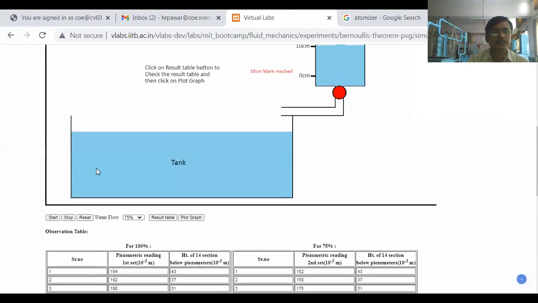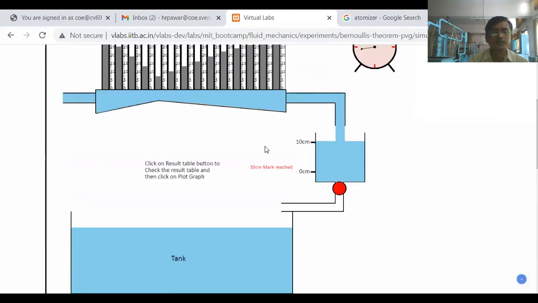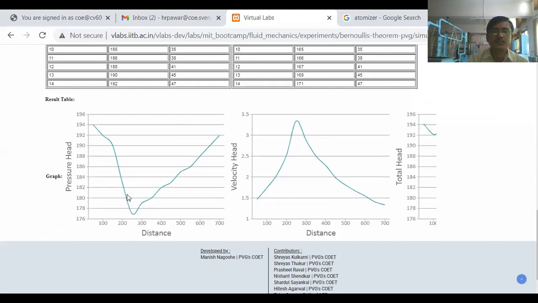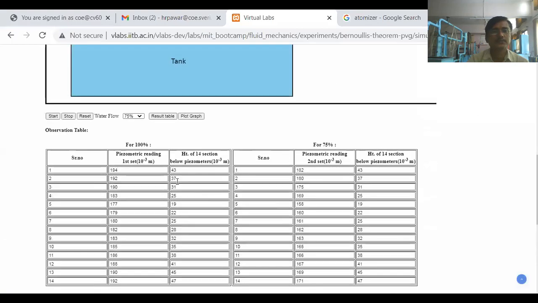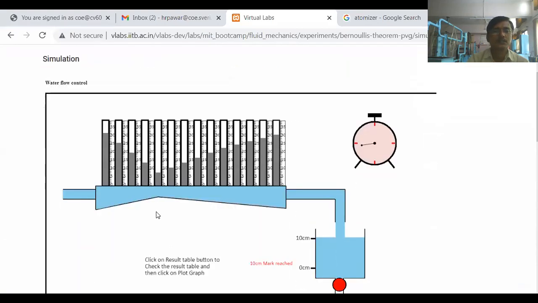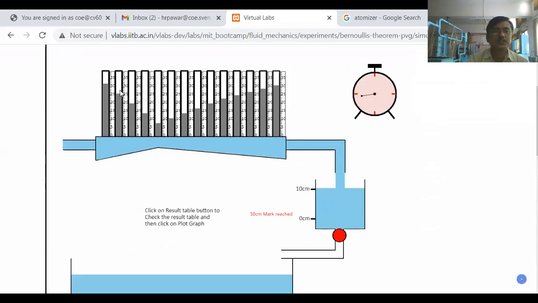Means from the start point to the end point, what is the total distance? You can observe here the pressure head has gone decreasing, and again it has gone on increasing. असा वाढत गेलेला आहे इथे. कारण you can observe here in the piezometric tube also. प्रेशर हेड सुरुवातीला जास्त, परत कमी कमी होत गेलं, परत वाढलेलं आहे.